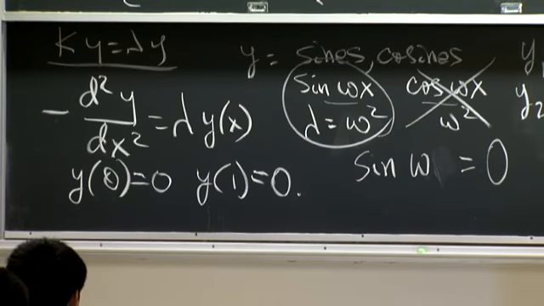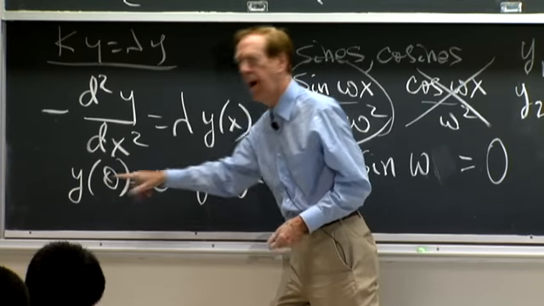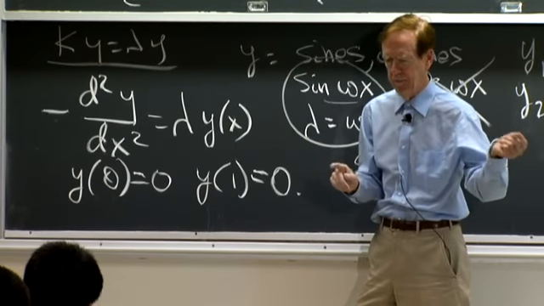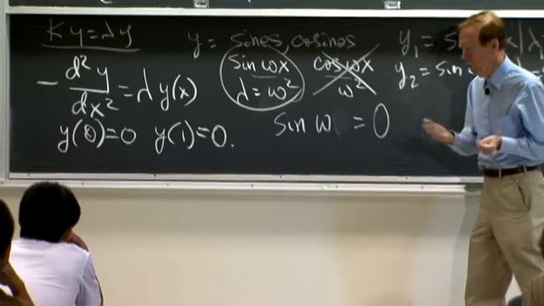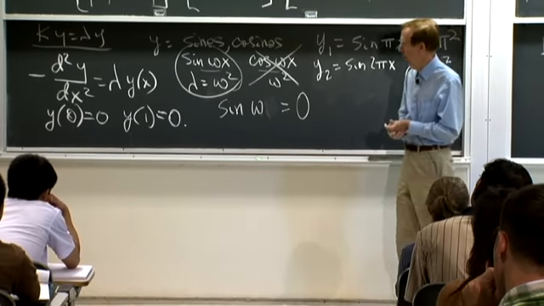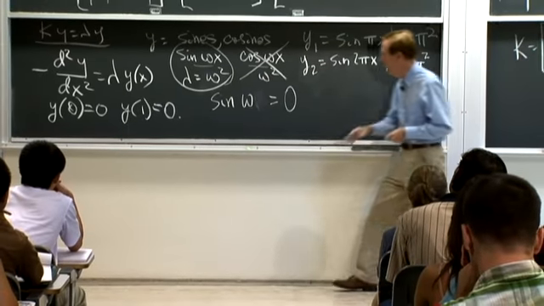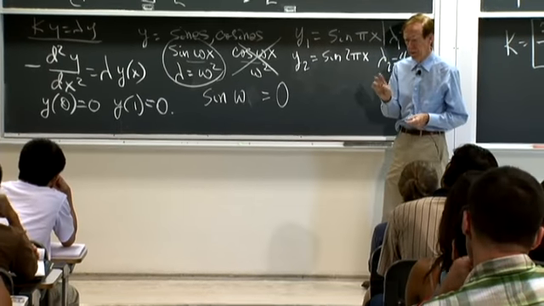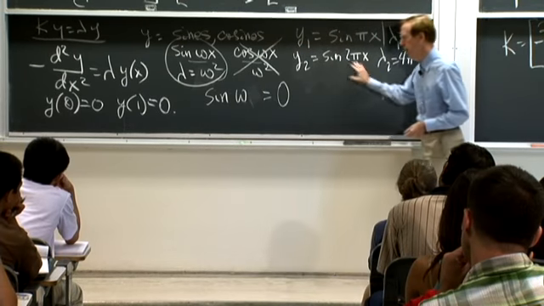In fact, what would it look like if I had y prime equals 0 as the left end? What would you expect the eigenfunctions to look like? They'd be cosines. And then we would have to adjust the omegas to make them come out right at the right-hand end.